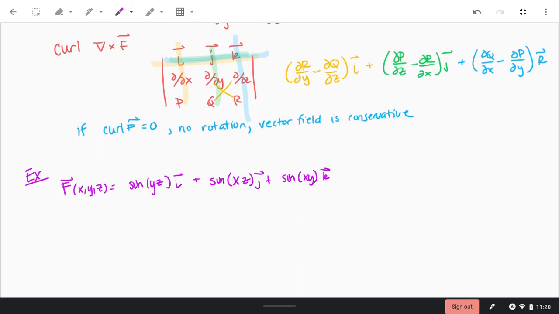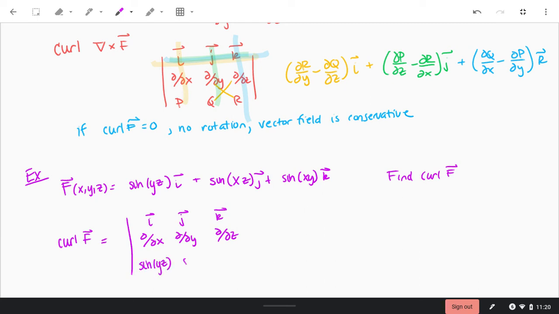So what we're going to do is what we just did above with that cross product. So we're going to cross i, j, k, d/dx, d/dy, d/dz, and P will be the sine of yz, Q is the sine of xz, and R is the sine of xy.